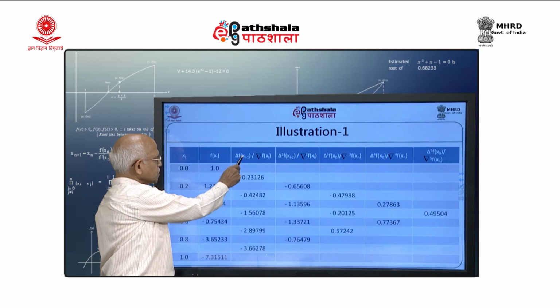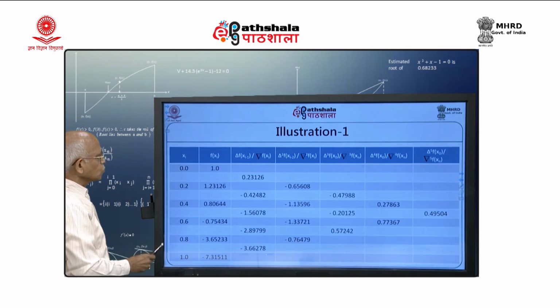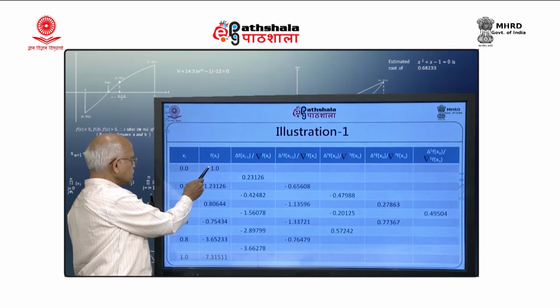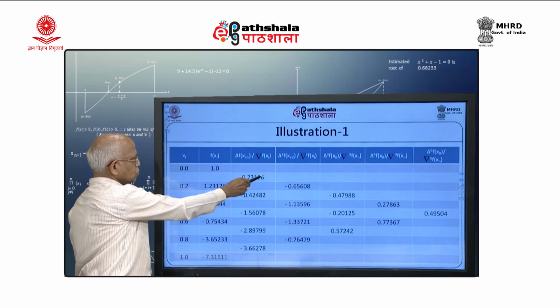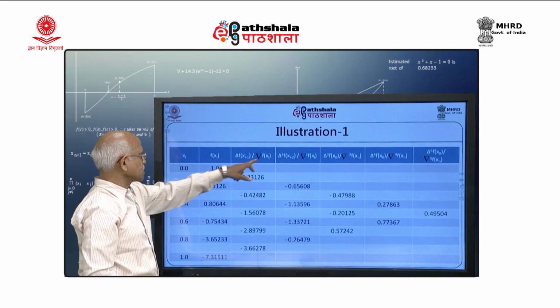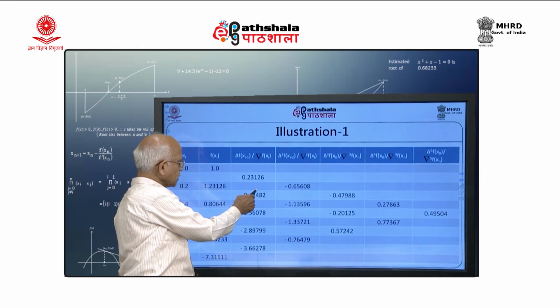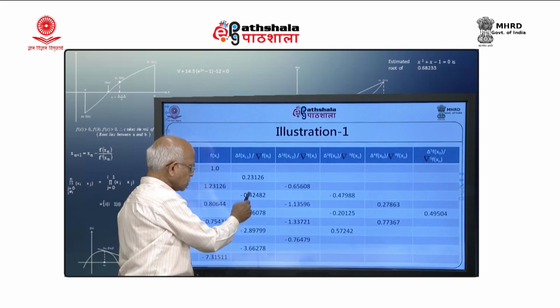This is delta of f x i minus 1, this is del of f x i. So, for i equal to 1, I will get delta of f x 0, that is this minus this, and that will be 0.23126, which is the same as the backward difference at x 1. Likewise, you get these values, then the corresponding delta square values are the difference of these 2, and the difference of these 2, and so on and so forth.